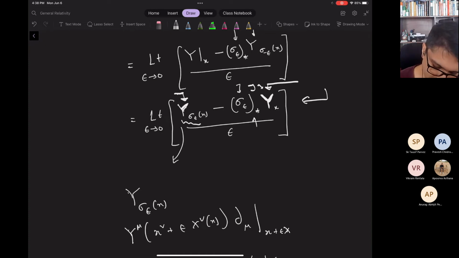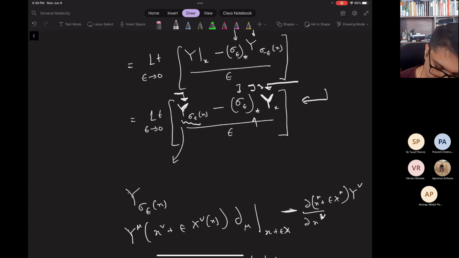And now you would use the Jacobian, partial x something like this, with v nu or y nu.